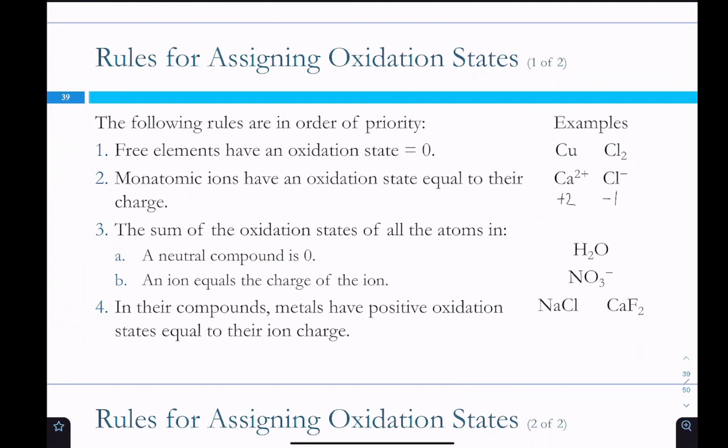So one of them has to be negative and the other one has to be positive. And then for an ion, again, oxidation states are not the same as ion charges, but in an ion, all of the oxidation states will add up to the ion charge. So nitrate here, the oxidation states of nitrogen and the 3 oxygens have to add up to -1.